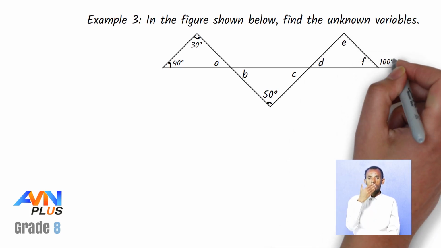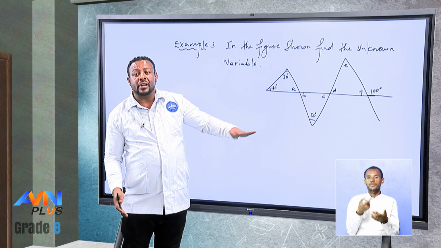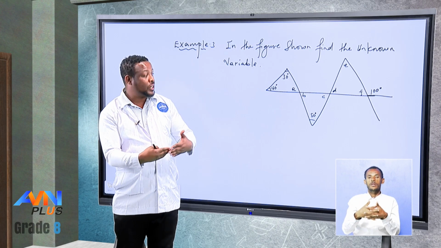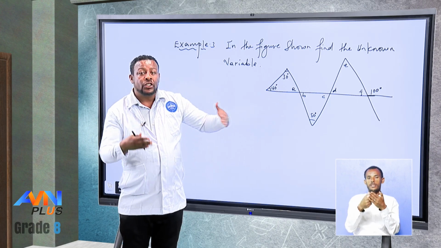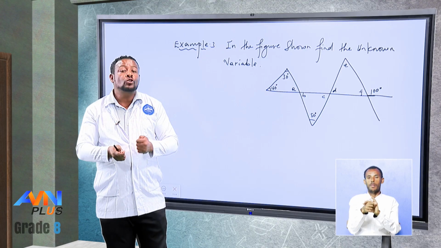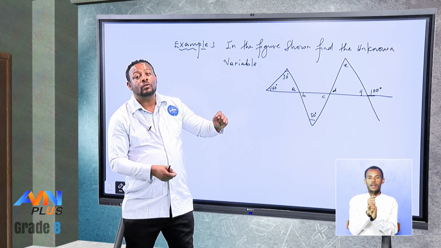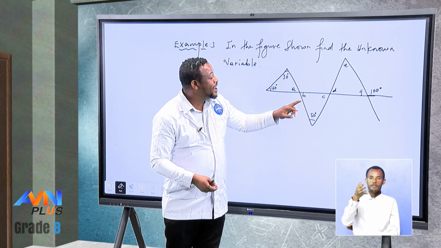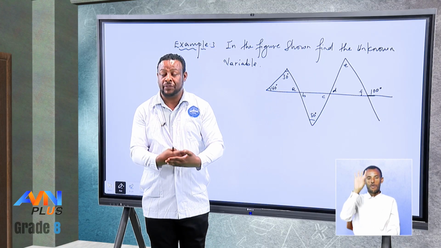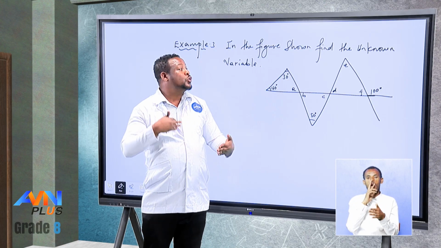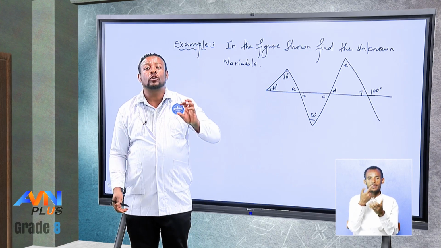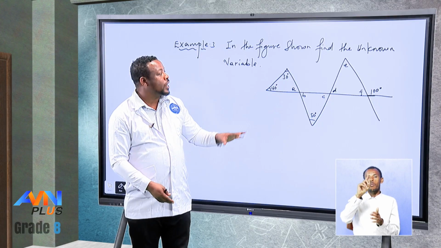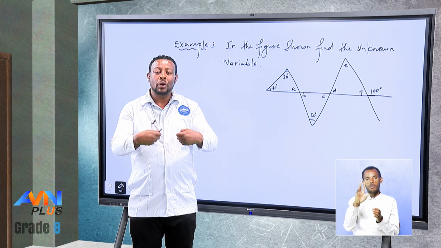Good. Here in this figure, we have a different combination of triangles connected in this manner. In this example, you are asked to find the unknown variables A, B, C, D, E, F. There are around 6 unknown variables in this figure, and you are asked to calculate them, right? So take 1.5 minutes to calculate the unknown variables, then we will see it together.